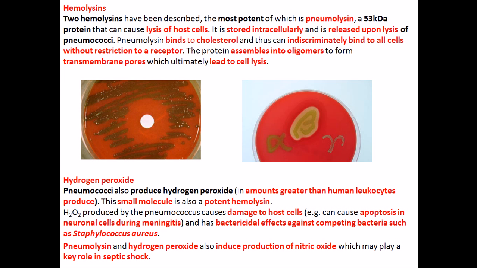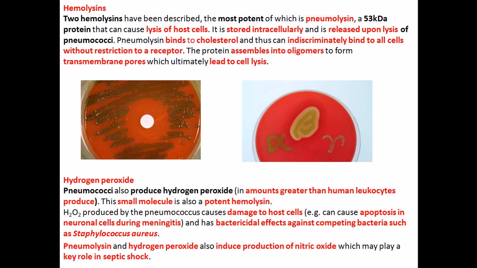As it can bind with cholesterol, it can virtually bind with all cells of our body, and when it is released, it can lyse and digest the whole cell. For this process, they first assemble oligomers on the surface of the membrane, form a transmembrane pore or channel, and then the cell is finally lysed after massive water and electrolyte imbalance.